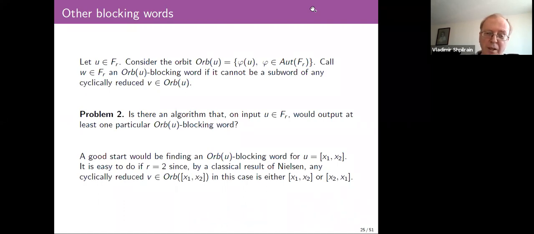Then, by the classical result of Nielsen, any cyclically reduced word in the orbit of this U is either the commutator of x1, x2 itself, or its inverse.